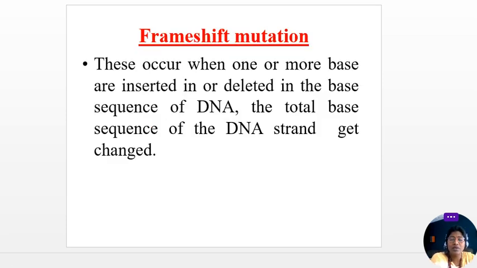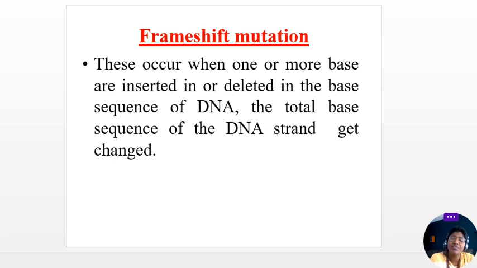And this is frame shift mutation. The frame shift mutation occurs when one or more bases are inserted in, or one or more bases are deleted from, the base sequence of the DNA. So what will happen? The total base sequence of the DNA strand gets changed. This is called frame shift mutation.